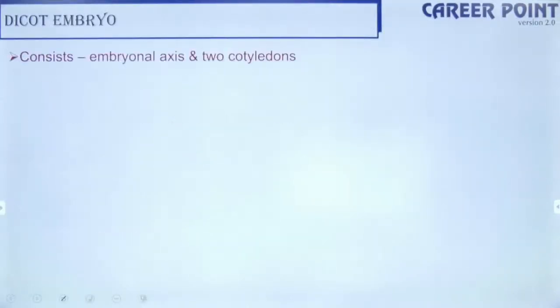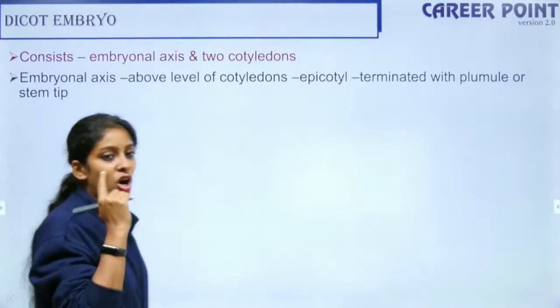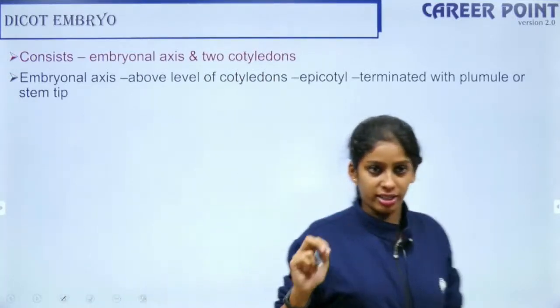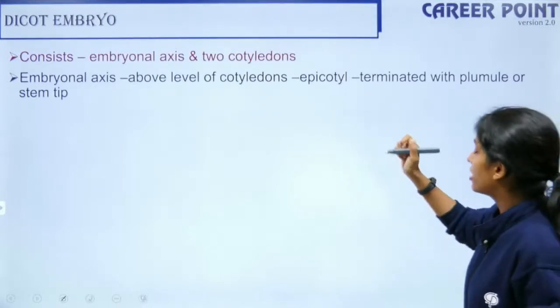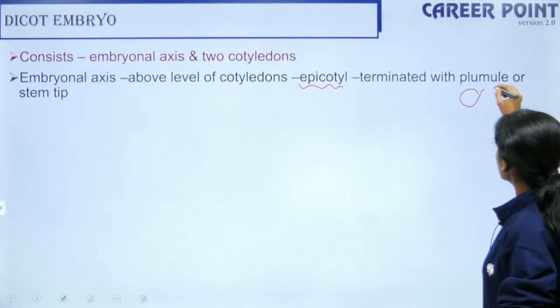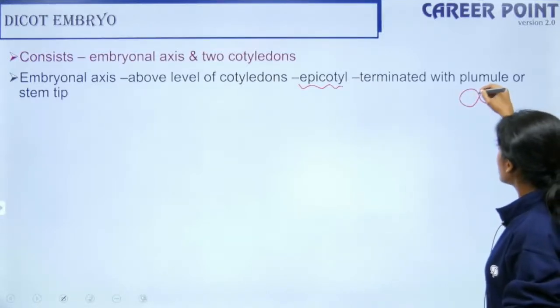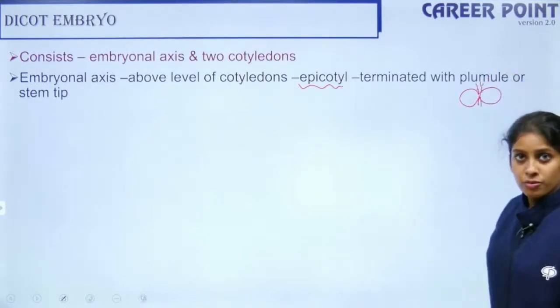A dicot embryo consists of an embryonal axis and two cotyledons. That is why it is called a dicot. It has two cotyledons, right? The embryonal axis above the level of the cotyledons is known as the epicotyl. So if I have two cotyledons, this is my embryonal axis, and here I have my plumule, right?